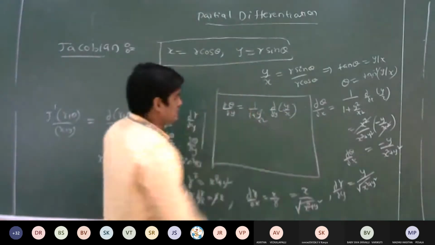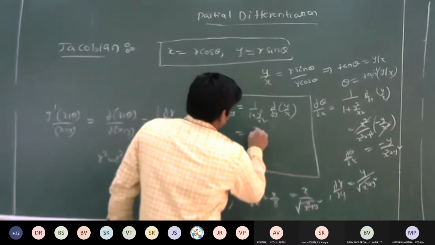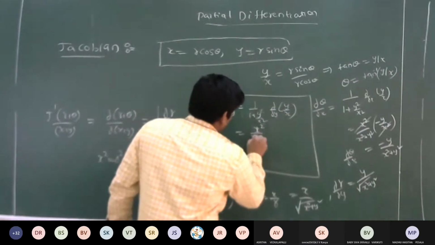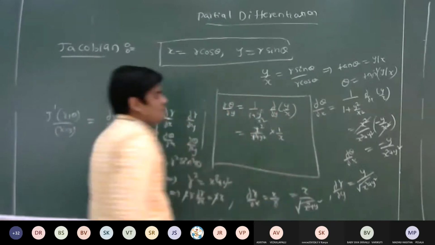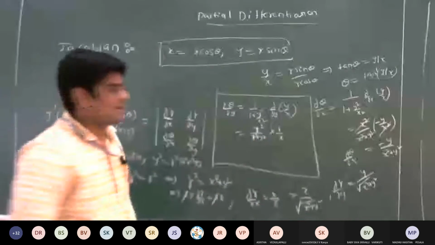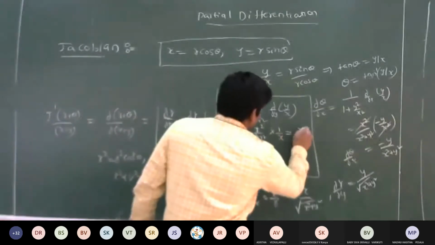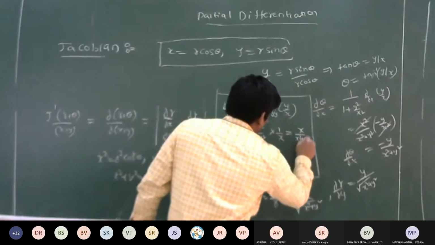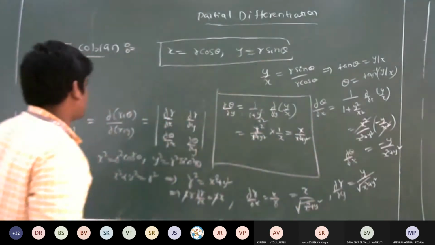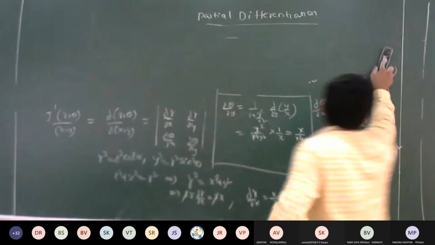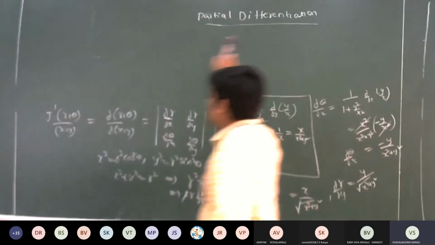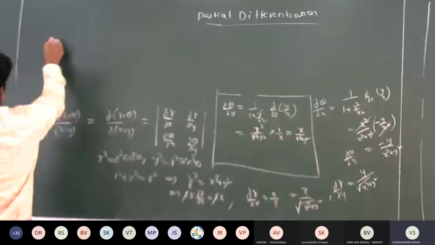So this is nothing but x square by x square plus y square into 1 by x. Right, 1 by x is the constant and dou y by dou y is 1. So it is x by x square plus y square. So you can substitute these values in the given form, that is the Jacobian, that is J dash of J.